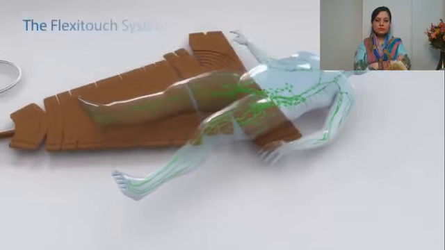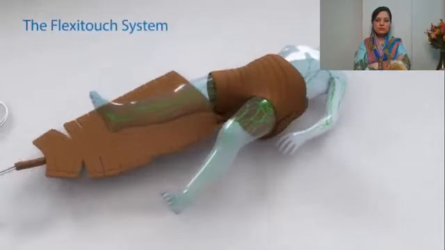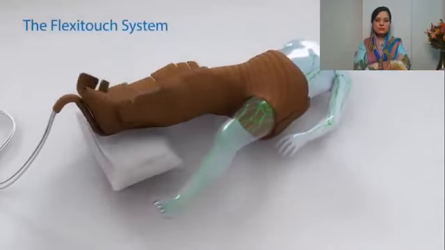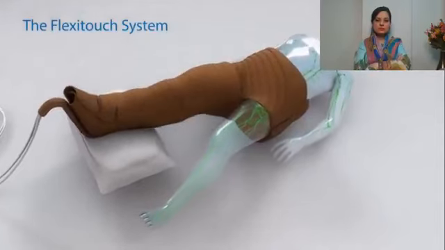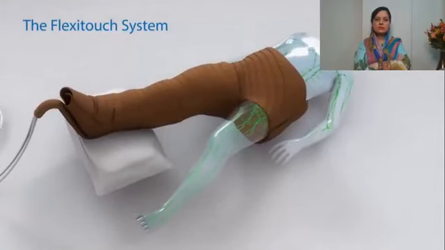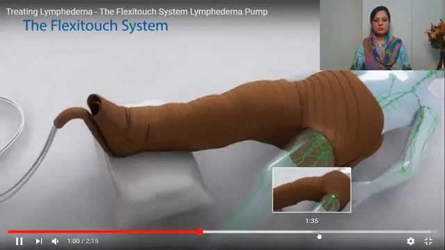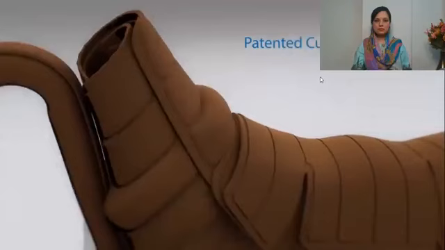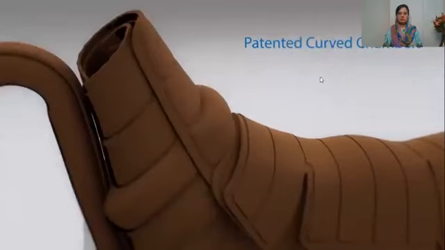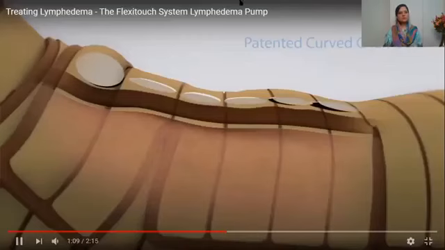The FlexiTouch system is an advanced pneumatic compression device that has been clinically proven to reduce chronic swelling and stimulate lymphatic function. With 15 different treatment options, this system offers a variety of choices for lower and upper extremity treatment. The patented curved chambers of the garment lie perpendicular to the lymphatic pathways and apply gentle dynamic pressure.